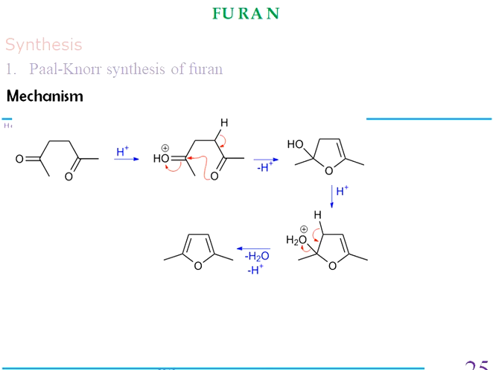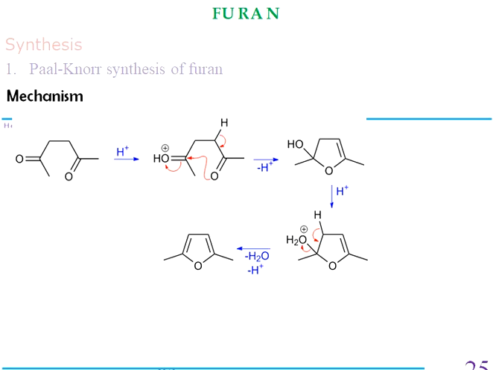One of the carbonyl oxygens takes a proton from the solution and forms OH positive, and this facilitates the bonding of this carbonyl oxygen with the protonated carbonyl carbon and results in the cleavage of the pi carbonyl bond.